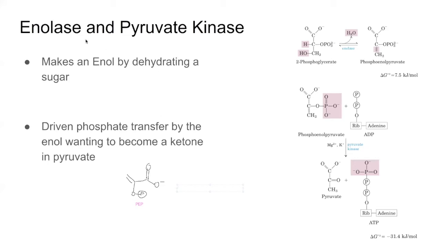And so the first thing is that ADP comes in and becomes ATP. And then as a result, this PEP will lose a phosphate. And so that will then turn into this.